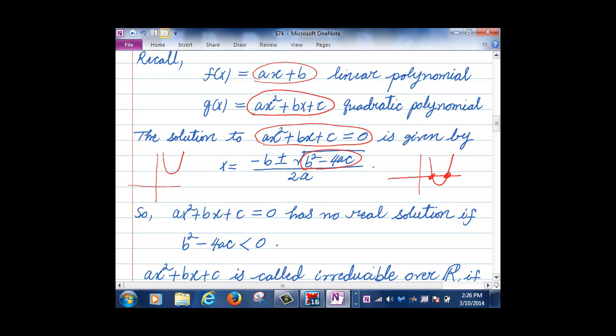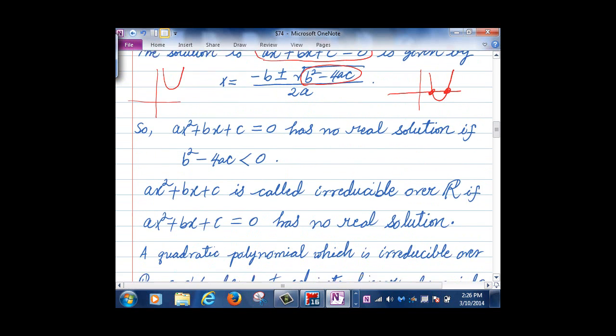But if the quadratic equation does not have any solution, then you cannot factor it any further. You cannot factor the quadratic into linear factors. Am I making sense? So that's important.